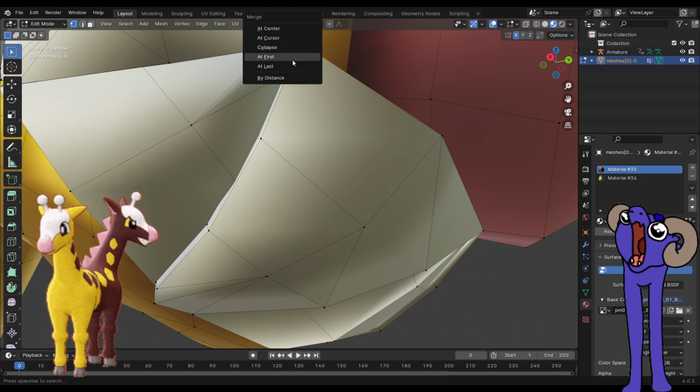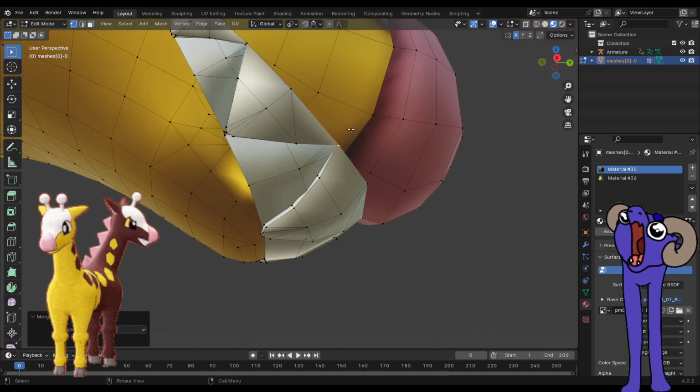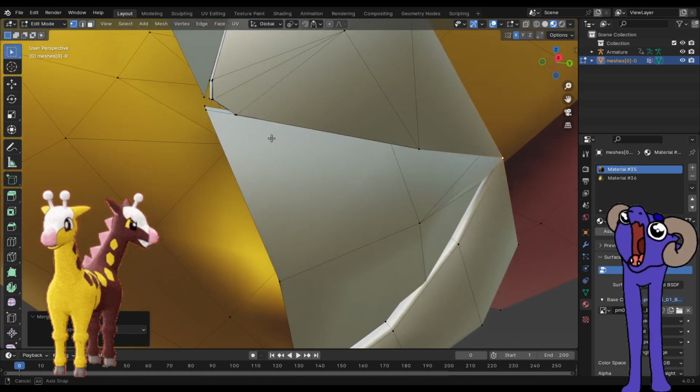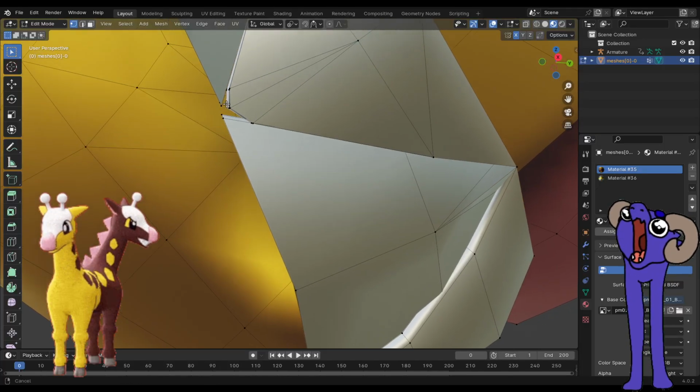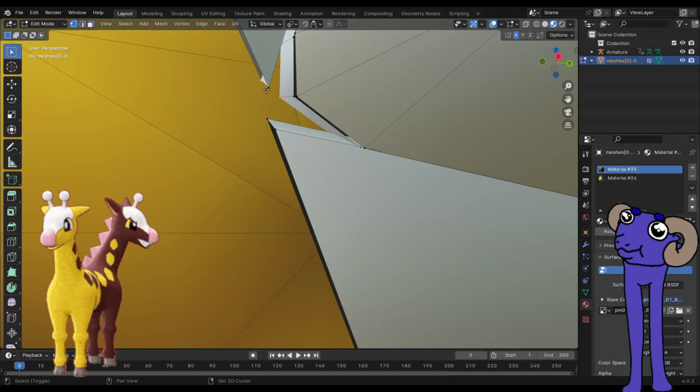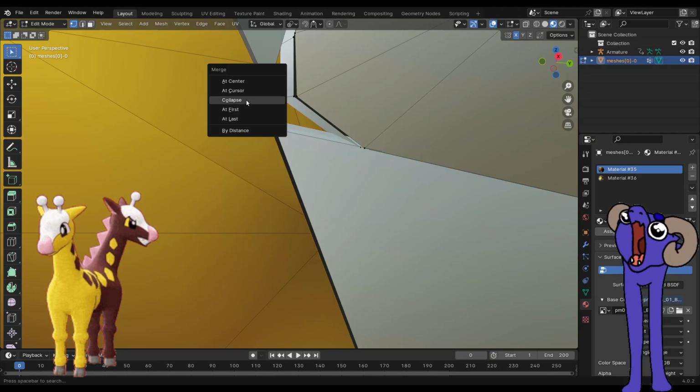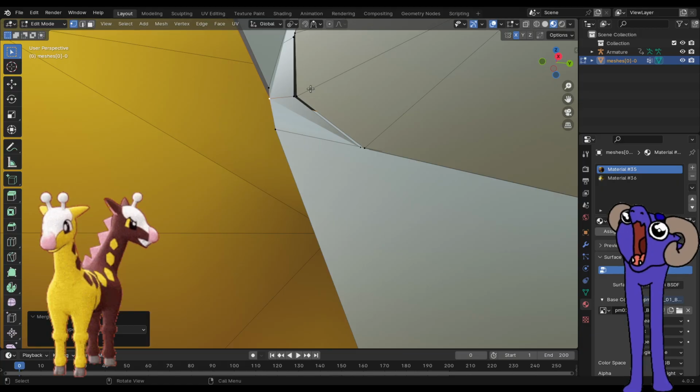Similarly, let's merge those together. And also this mess over here. Let's collapse these to the center.